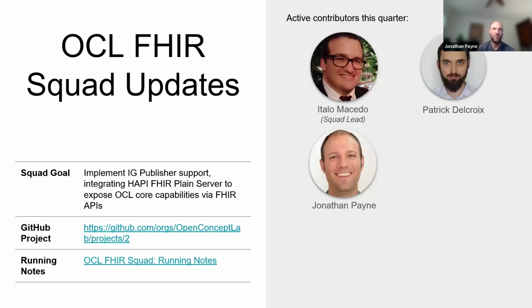And that's something that, again, introducing the HAPI FHIR server as a facade to integrate and expose OCL's core capabilities will offer a lot of advantages and be easier for us to maintain at this time. So we're really, really excited and appreciate Italo taking a lead on this.